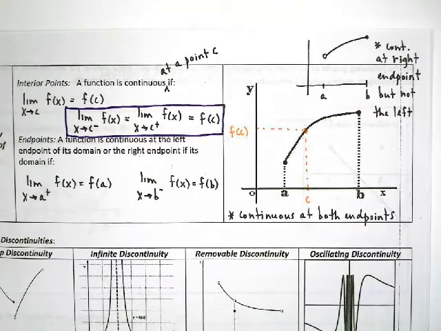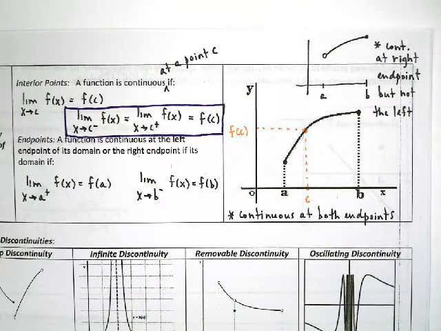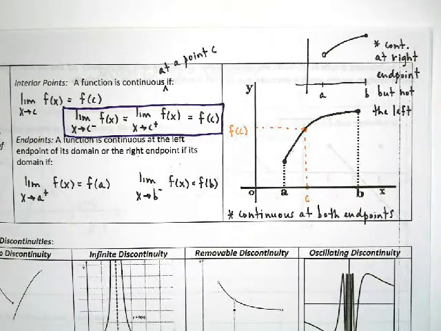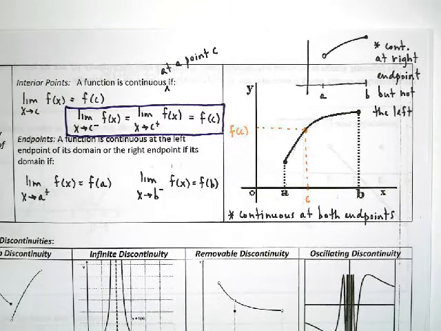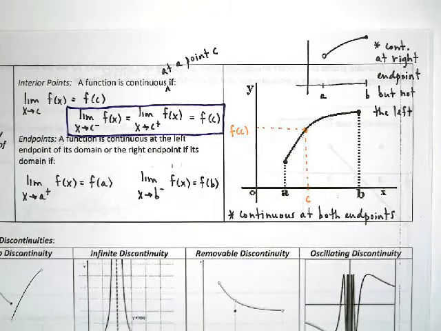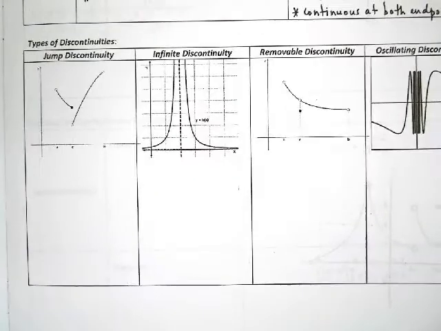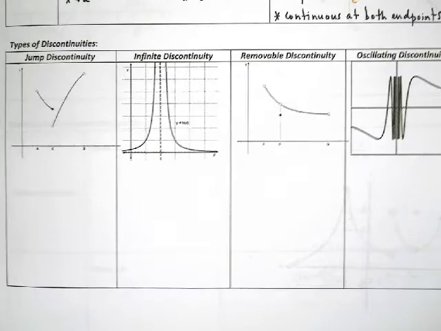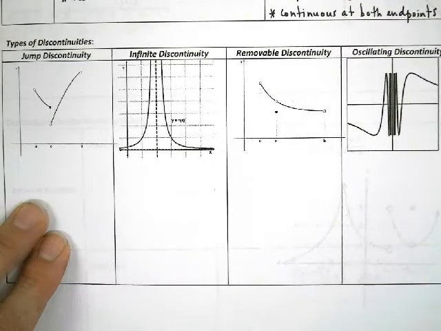So now that we know about continuity, we're going to learn 4 basic types of discontinuities. And each one is going to have a name, and we'll learn the characteristics of those discontinuities. So the first one we call a jump, which is pretty self-explanatory.